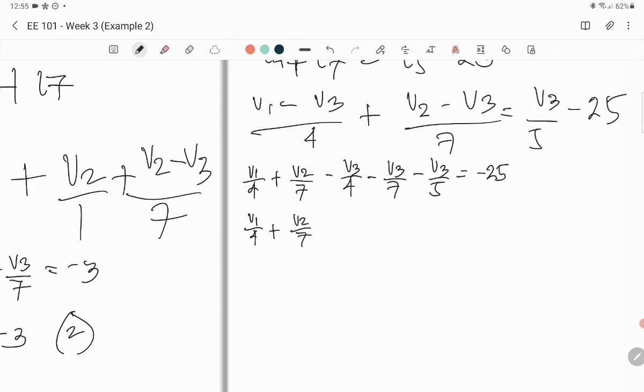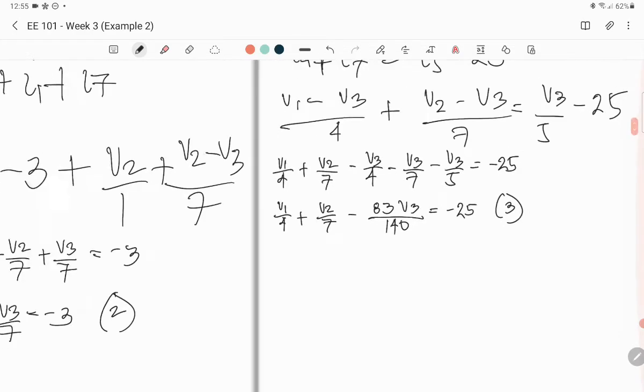Then for our V3, we have negative 1 over 4, minus 1 over 7, minus 1 over 5. Okay, so that would then be negative 83 V3 over 140, equals negative 25, and this will be your third equation.